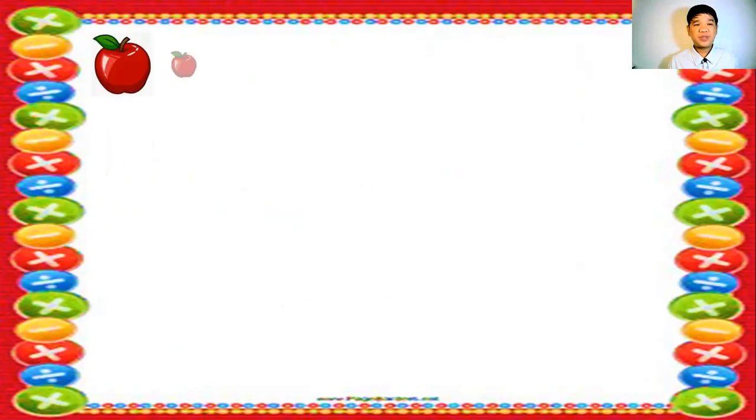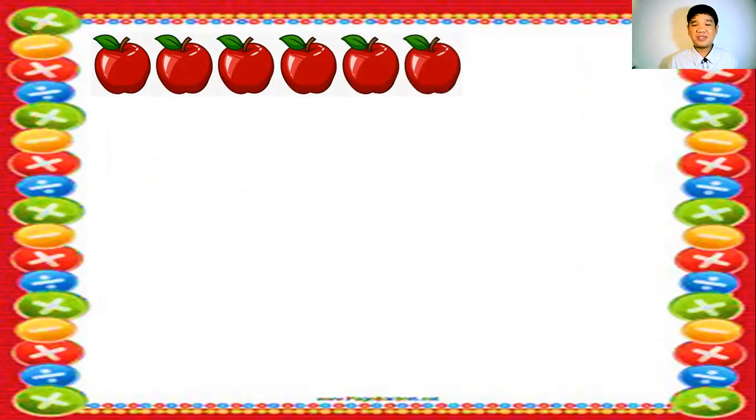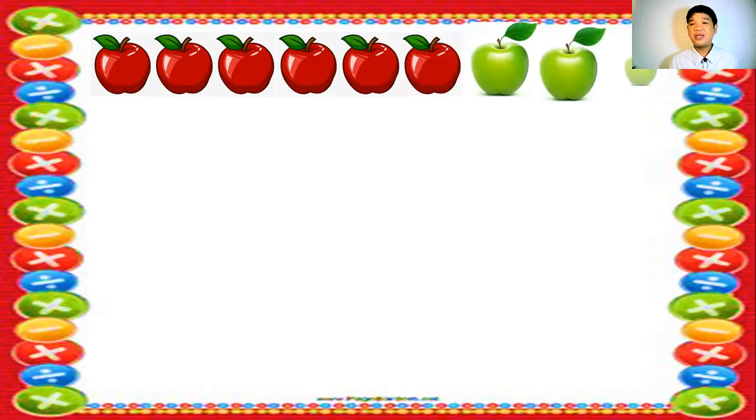1, 2, 3, 4, 5, 6, 7, 8, 9. Okay, as you can see, we have 9 apples, but there are 2 different colors.